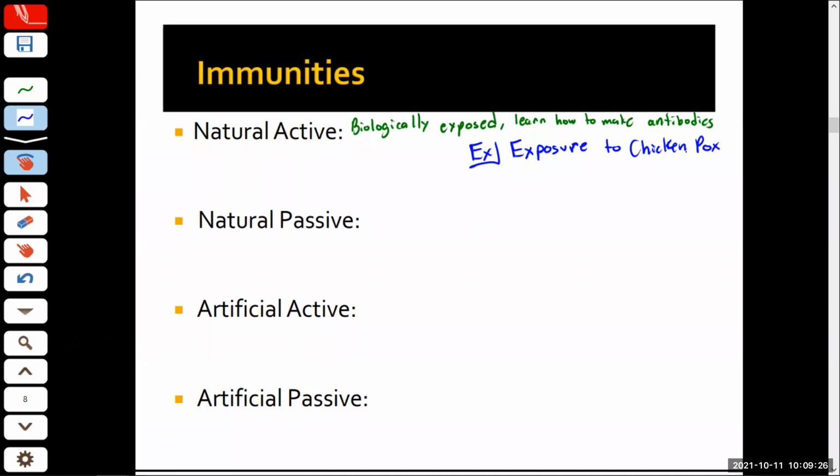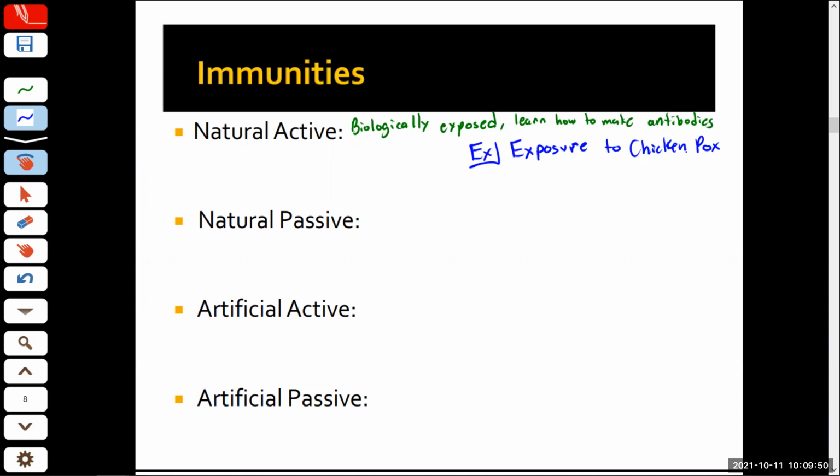You get exposed to this virus because they licked your pencil, whatever. You learn how, you have to learn about this virus, then you learn how to fight this virus. Then you're protected for the rest of your life. You see how that's different from the second line of defense. If I get cut, doesn't matter if it's MRSA over and over again. I never learned how to deal with MRSA specifically. I treat everything the same way.